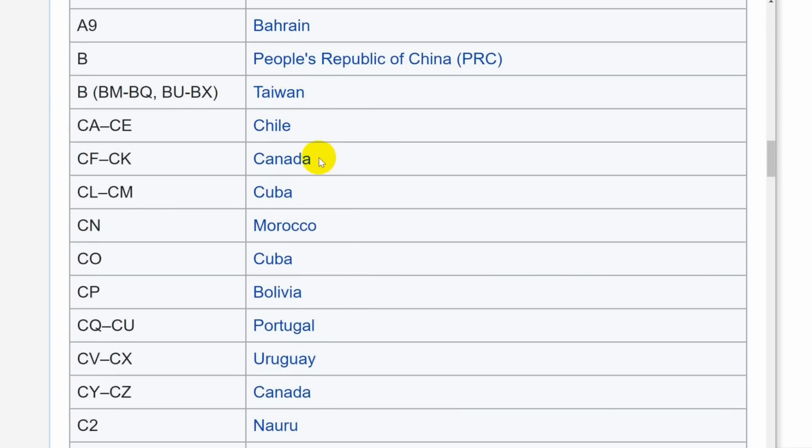Chile, Canada. Now, Canada, you hear a lot of VE prefixes. But the thing is, they're also allowed these CF through CK. So occasionally you will hear a C-something station and think, oh, wow, this is DX. And it turns out to be just north of Seattle or something like that.